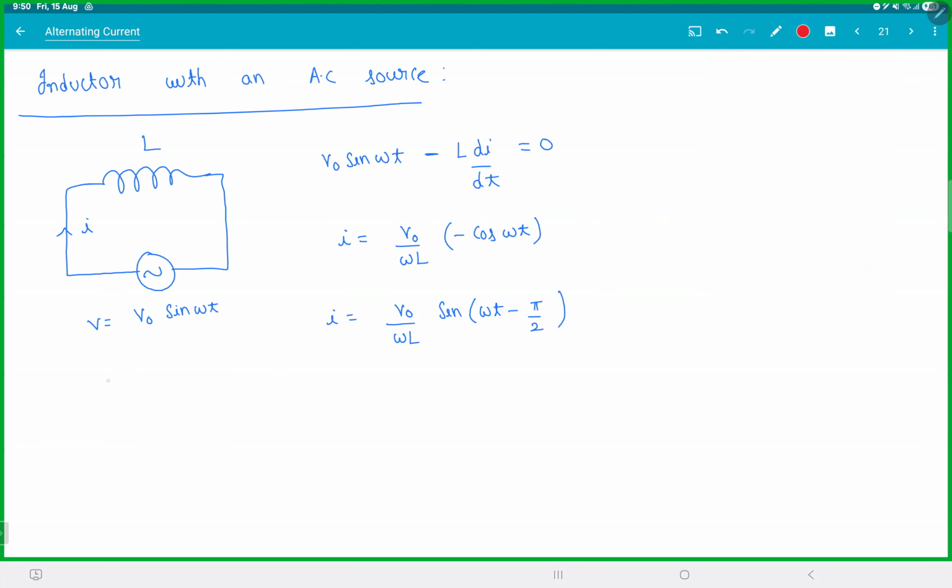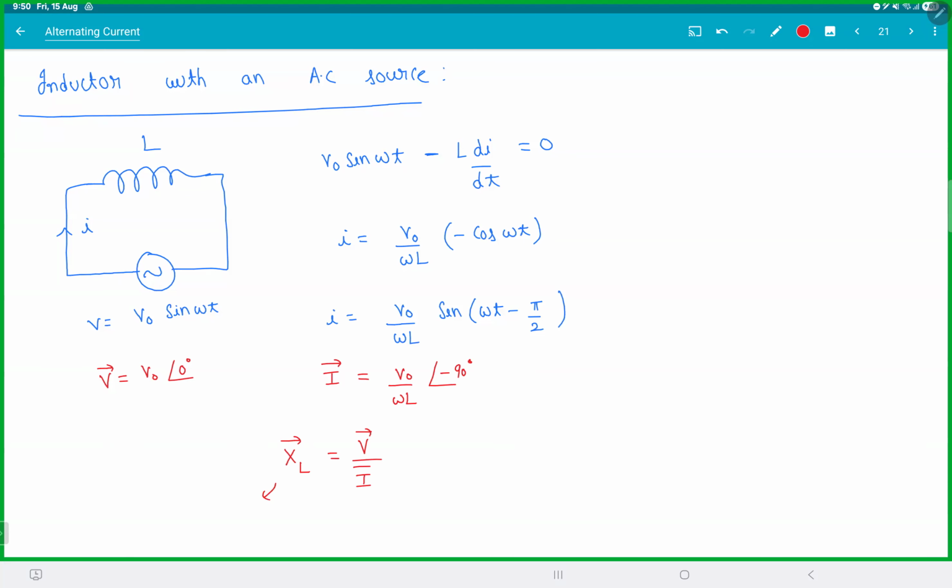So what is the voltage ka phasor form? So V bar will be V naught angle 0 degrees. So current ka phasor form I will be V naught by omega L angle minus 90 degrees. And like I said, we are obsessed about Ohm's law. So I will not call it resistance, I'll call it XL bar will be V bar by I bar.